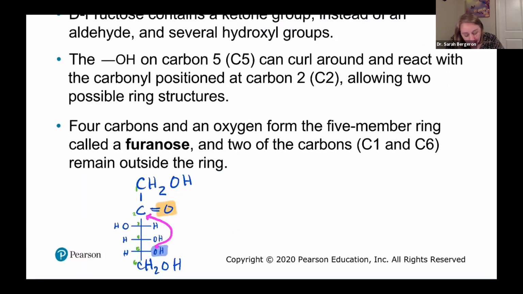All right, so our carbon 5, and that's what we said, this is carbon 5, can curl around and react with the carbonyl positioned at carbon 2. So that's our ring structure. So you have 4 carbons, you have 1 oxygen, and so you get a 5-membered ring. That means it has carbon and some other elements, and in this case, it's oxygen.